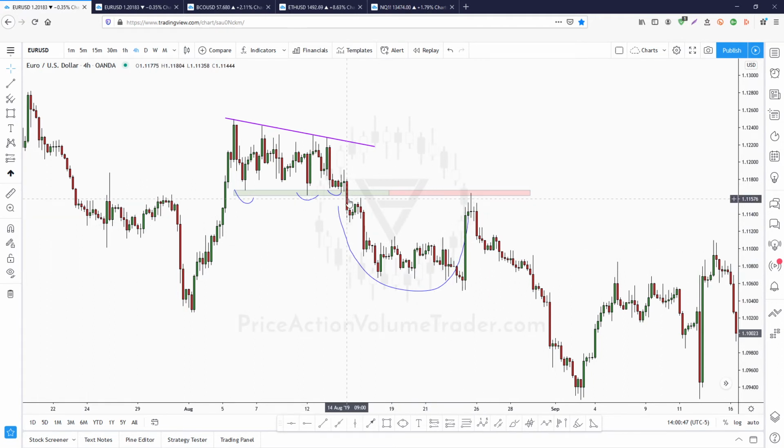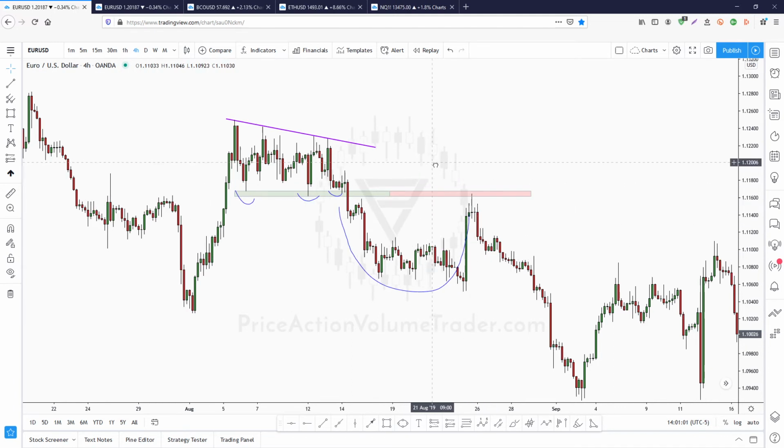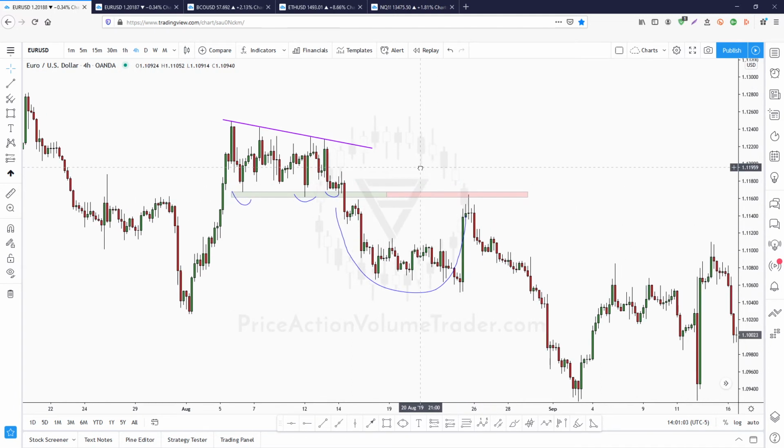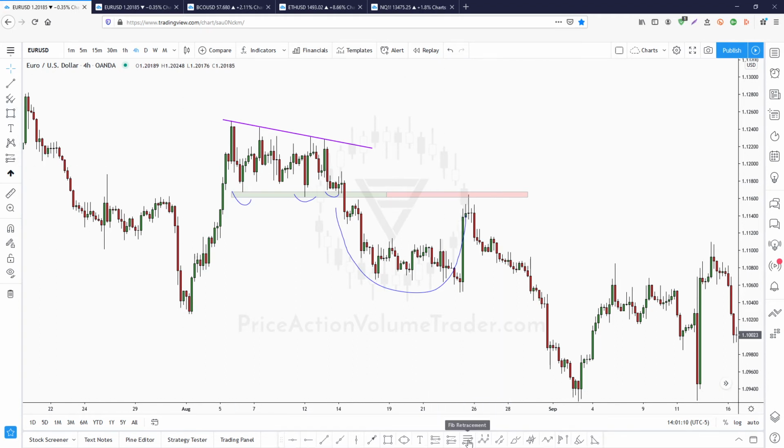In this case, we can see it broke in mid-August, this was August 14, and came back on August 25th. So that was 11 days later, we come back. And in this case, we could even put a Fibonacci for further confluence.